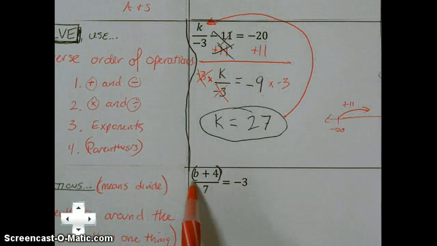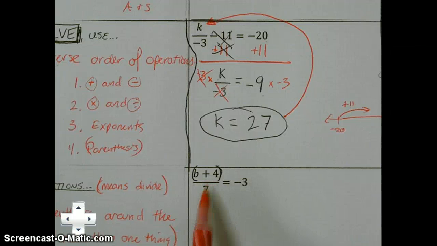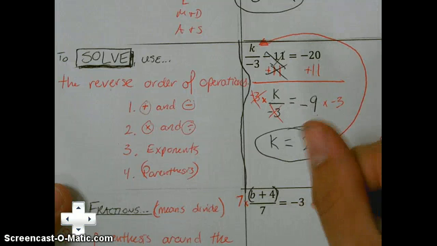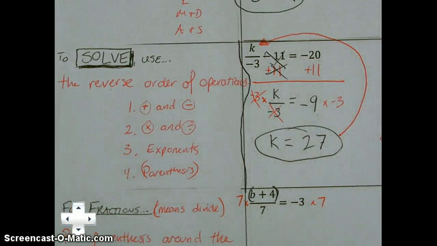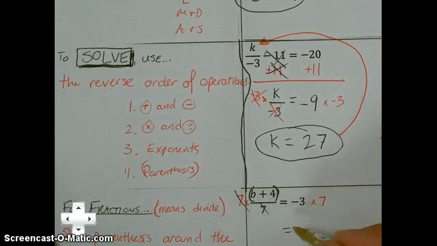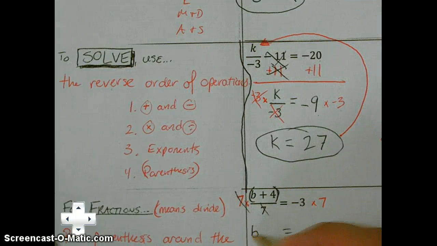So what's the opposite of dividing by 7? The opposite is to times by 7. So we're going to times both sides by 7. Now these two 7s cancel. Always times both sides. What's left is the b plus 4. And 3 times 7 is 21. There's one negative, so we make it negative.